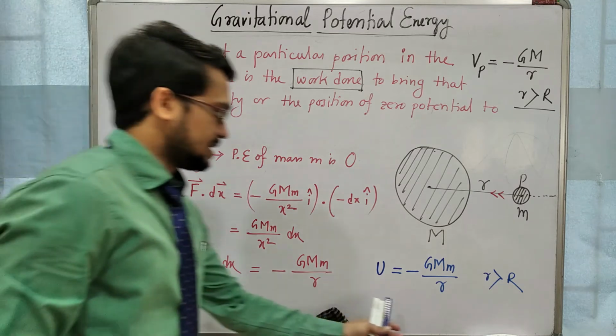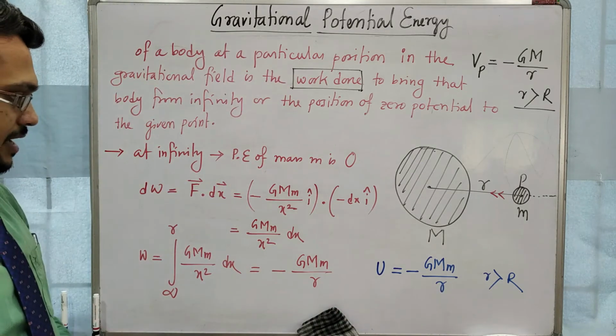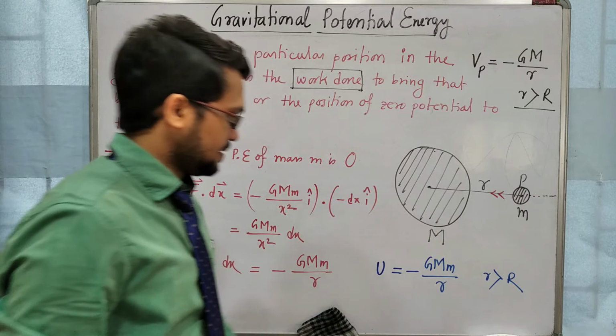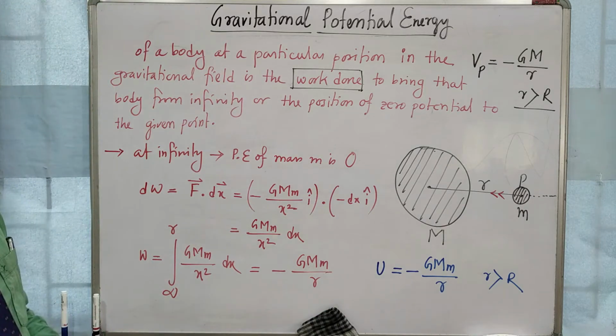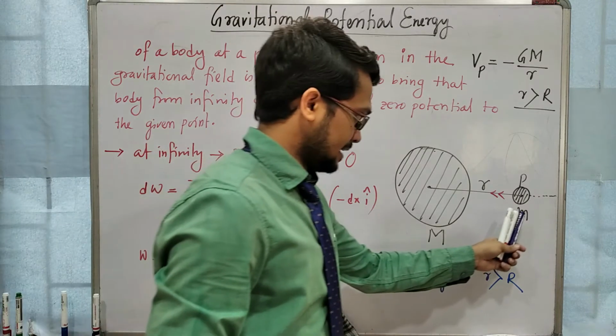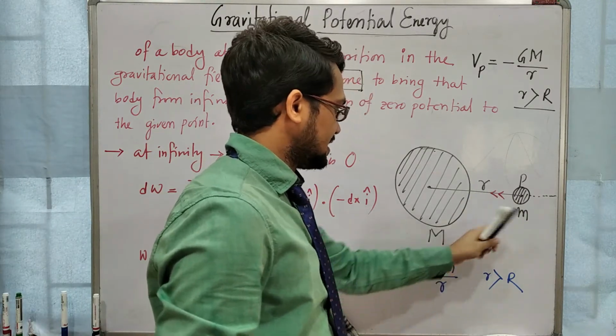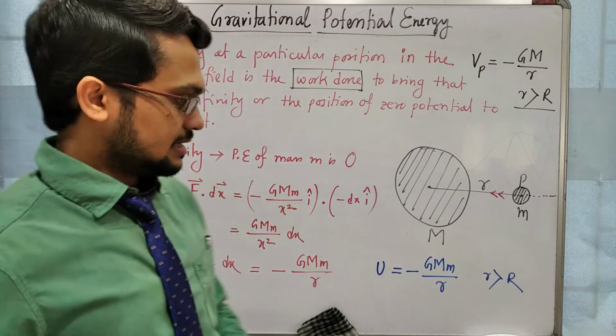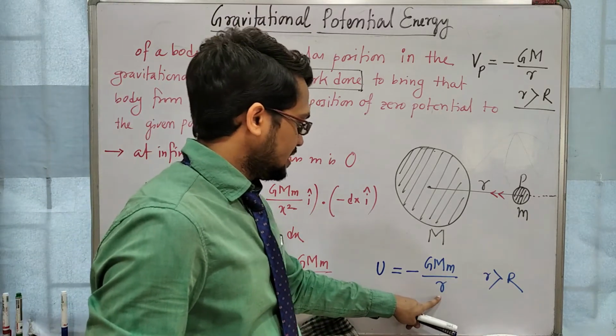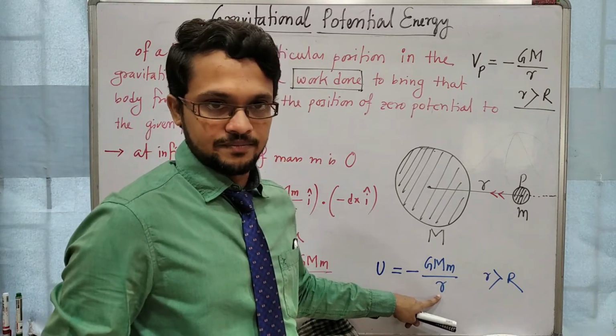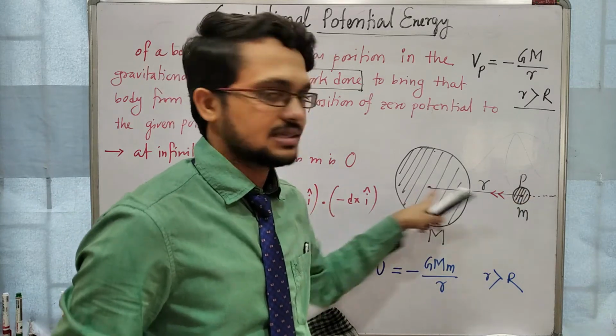So this is basically the derivation. Now come to its negative sign. What is the significance of the negative sign? And a very important point: look that this potential energy at any point depends only on this distance r, only the straight line distance r.